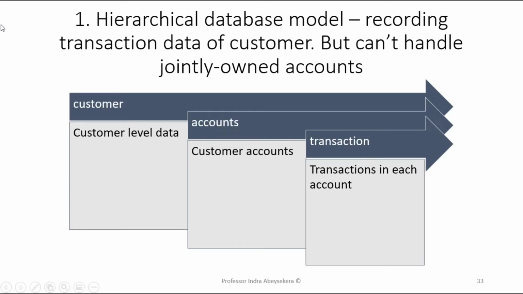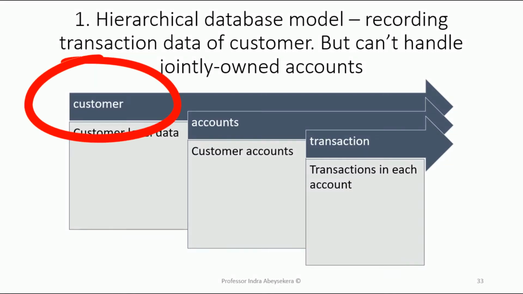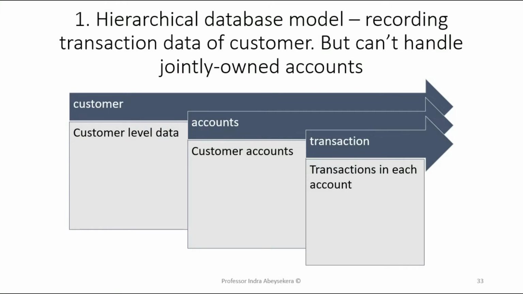So the hierarchical database model holds transaction data of a customer, for example, recording a customer, but can't handle jointly owned accounts because for a single customer there's a single account, in a parent and child type relationship.